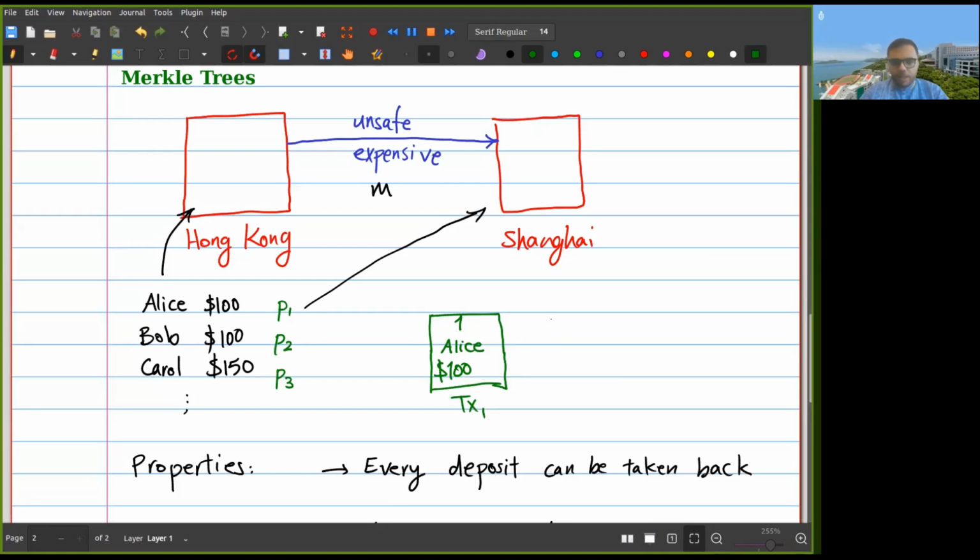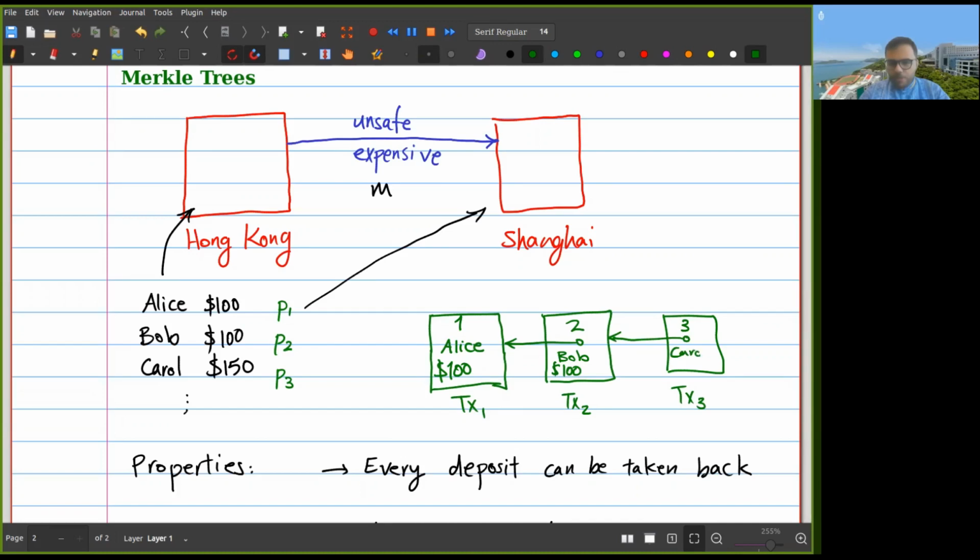Then I can create a second transaction. This is transaction 2. It will have a pointer to the first transaction, and then it will contain the information about the new deposit. So I would just say that this is Bob, and he's depositing $100 as well. Similarly, I will create transaction 3, which has the sequence number, a pointer to the previous transaction, the name of the person, and the amount.